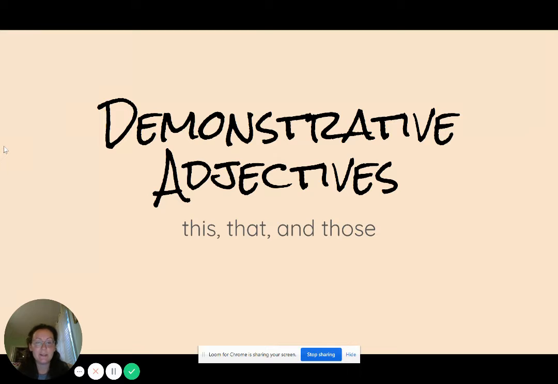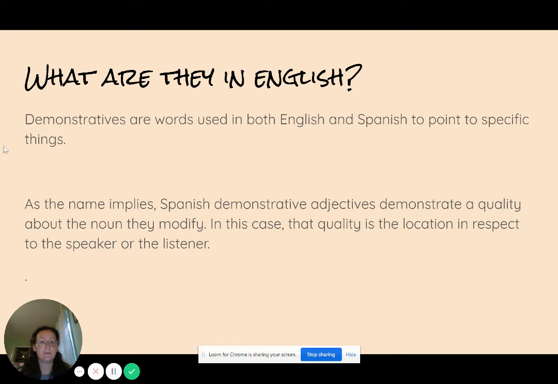It's kind of a weird sounding thing, but we have these in English. You guys just might not be aware of what they're used for, what they are. So demonstrative adjectives are words that are used in both English and Spanish to point to specific objects. So as the name implies, it demonstrates a quality about the noun that is being modified.